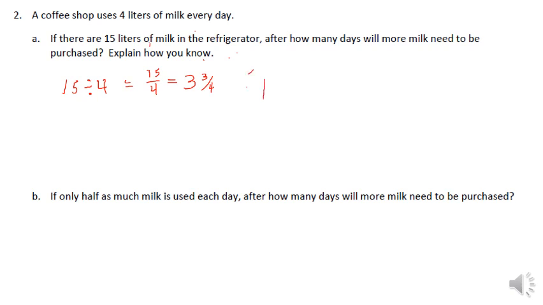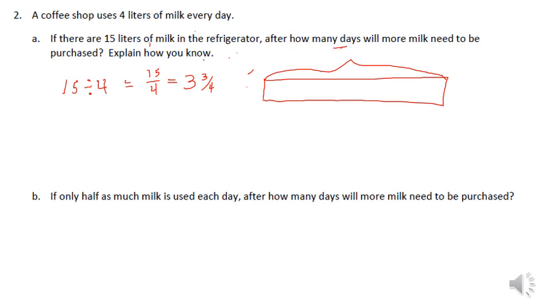So we can say that we know now, and I'm going to do a little diagram to make sure. We know that this here, the total, is how long it will last, total days. And it says this one will last 3 3/4 days.